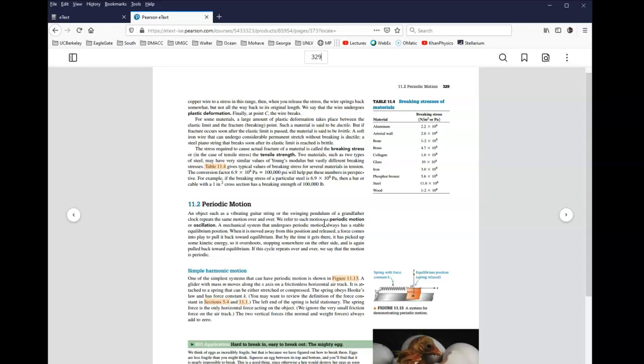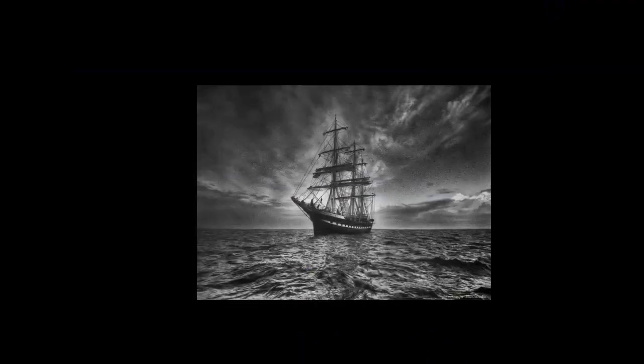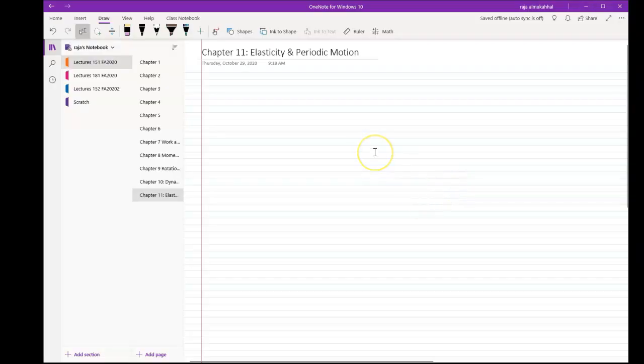So what is a periodic motion in that sense? Periodic motion always has a stable or an equilibrium position that it is always oscillating about. Let me explain that. Let me just write down the topic: periodic motion.